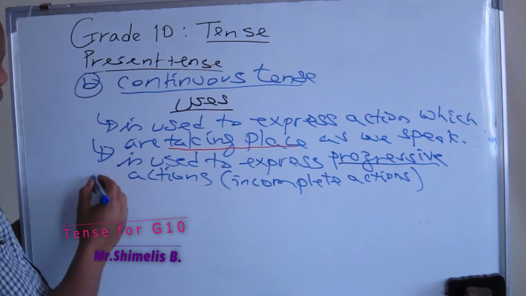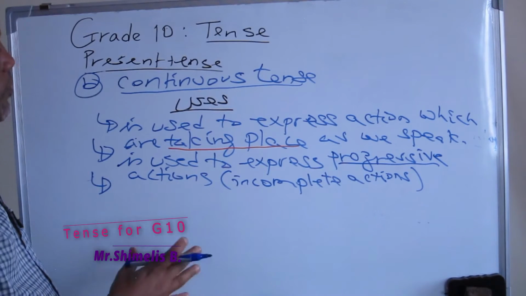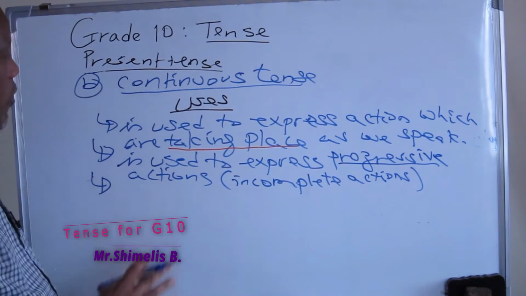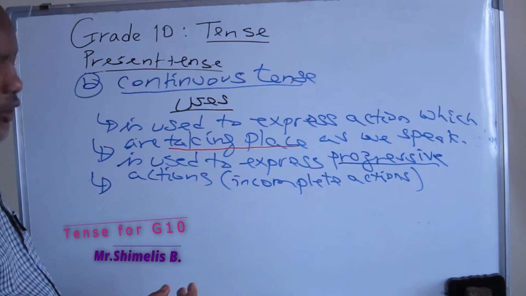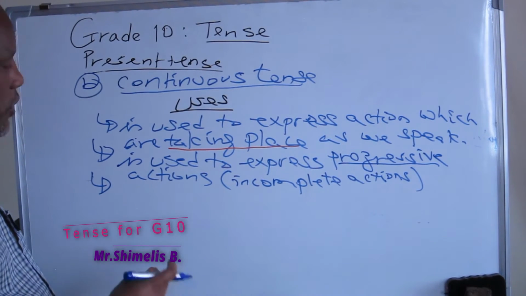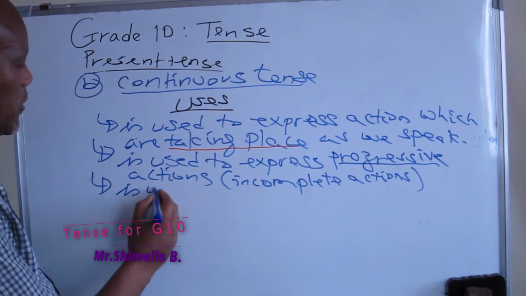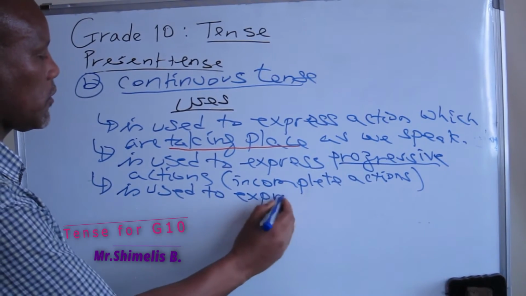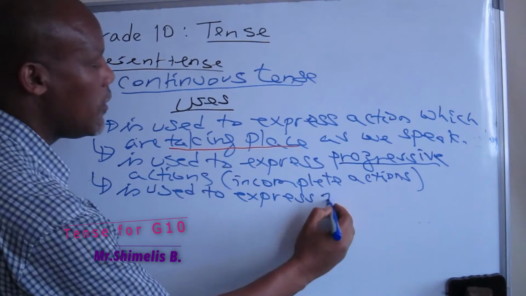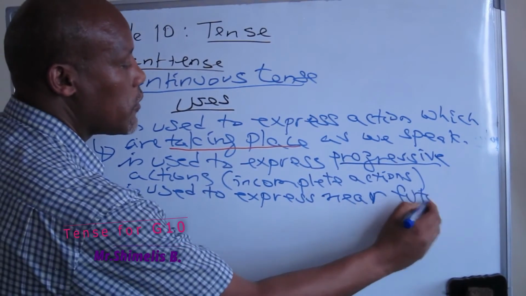The other case that we might use present continuous tense for is to describe future action. This time, this future action must be a near future action. Okay, it is used to express near future actions.